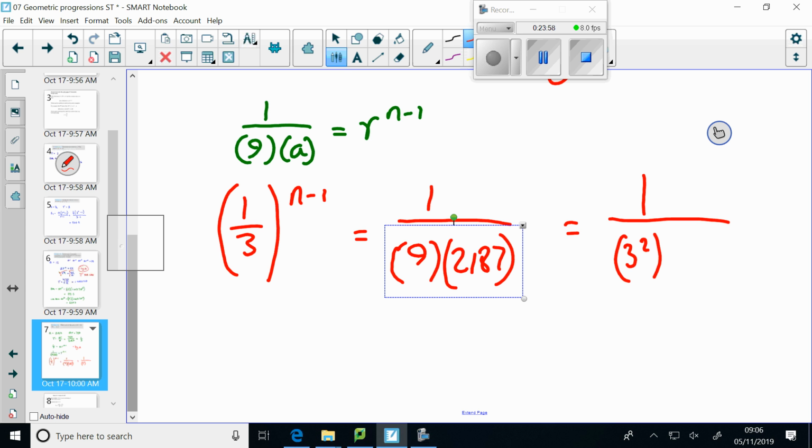What power do we have to put on 3 to make it 2187?